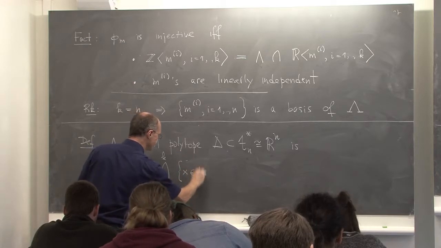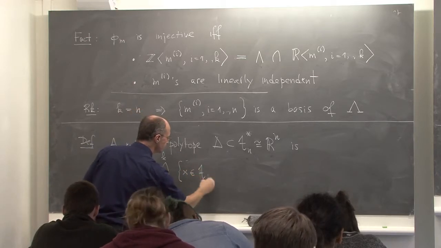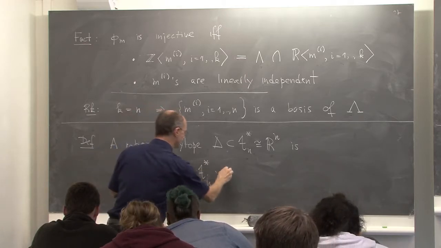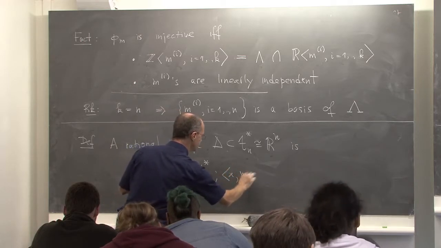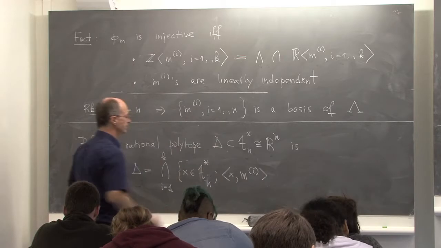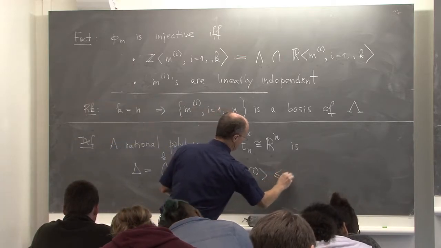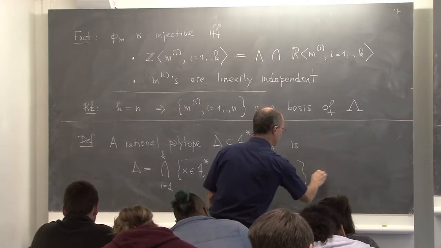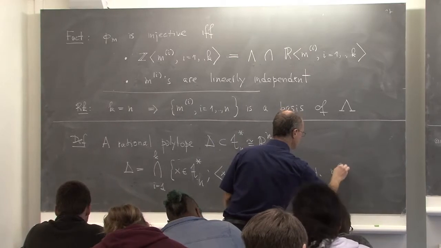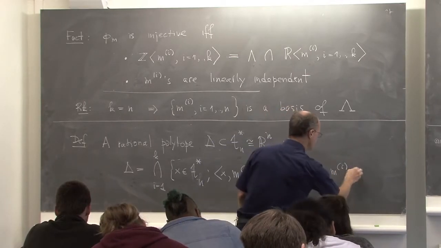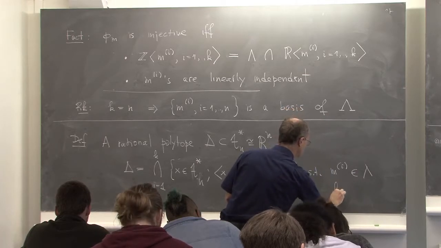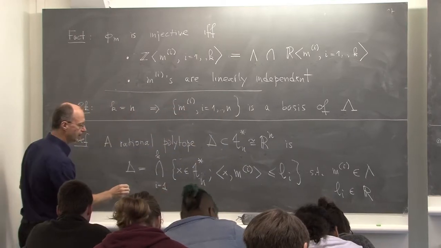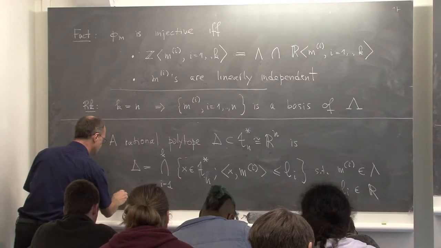So these are points x in T^n star such that x paired with some vectors m_i is less or equal to some numbers l_i, such that the m_i's are in Lambda, and the l_i's are in R. I would impose the following conditions.